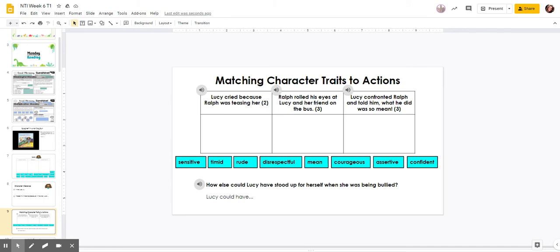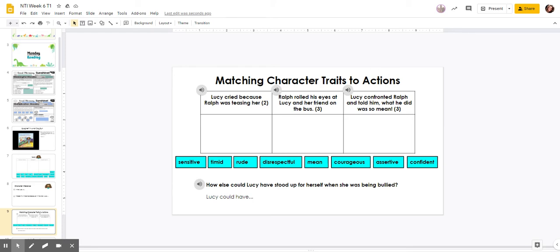Ralph rolled his eyes at Lucy and her friend on the bus. So the action is Ralph rolling his eyes, which is not a good thing. That is a poor thing to do. It's disrespectful and other not so good character traits. So when you're focusing on that action, you're going to be looking for words below that are poor, negative character traits.